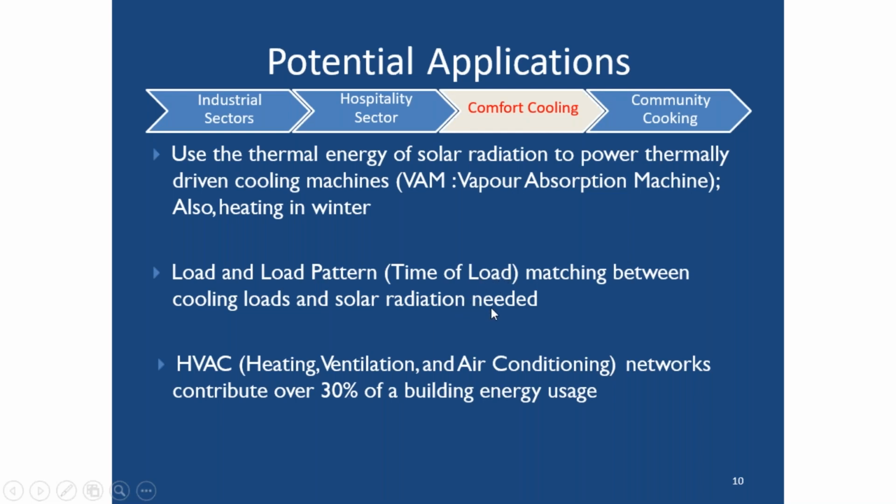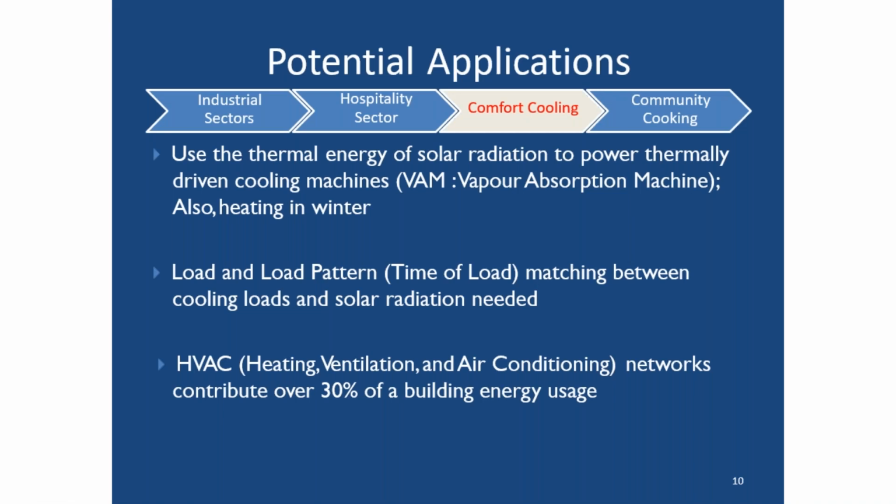And again, suppose in any building we have lots of appliances like bulbs, tubes, and many more appliances, and we also have the air conditioning system. The air conditioning system itself consumes around 30 to 40% of electricity.